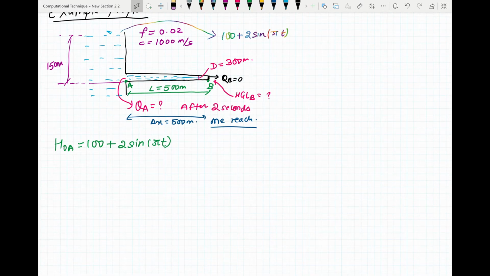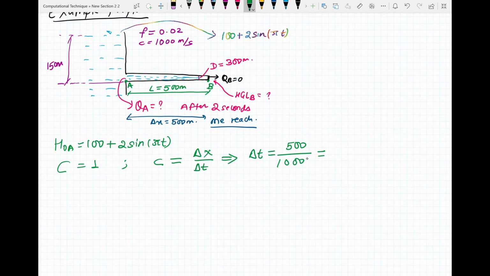As we all know that we assume our courant number to be equal to 1 and our celerity speed is given by delta x by delta t, which implies our delta t equals to delta x, which is 500 for this case, divided by 1000.